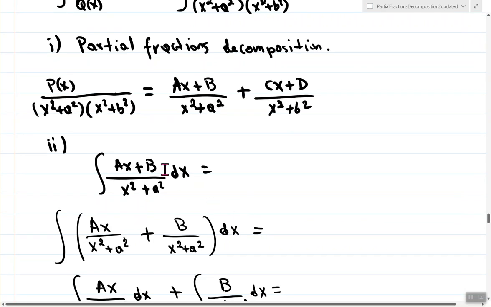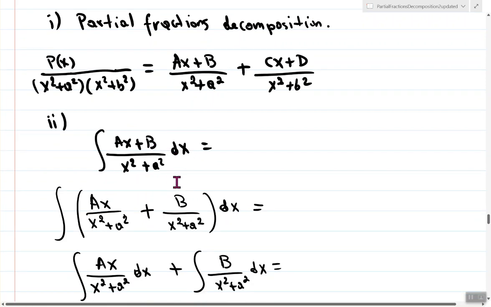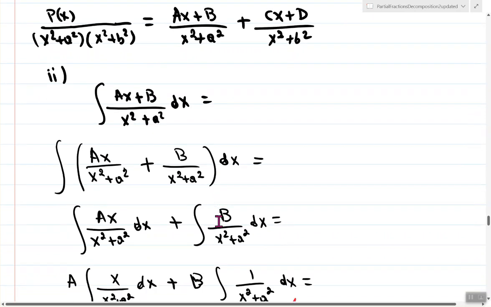When we integrate ax plus b over x squared plus a squared dx, first we split this into two terms: ax over x squared plus a squared, plus b over x squared plus a squared.